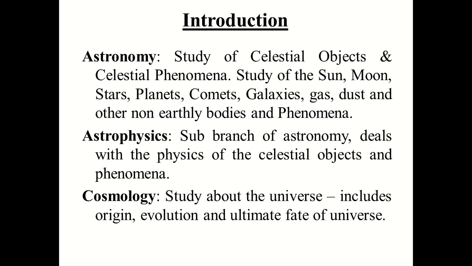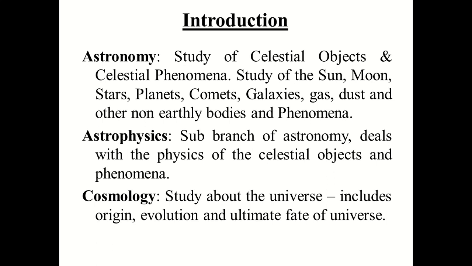Another 2 terms which we usually come across while discussing astronomy are astrophysics and cosmology. Astrophysics is the sub-branch of astronomy which deals with the physics of the celestial objects and phenomena.